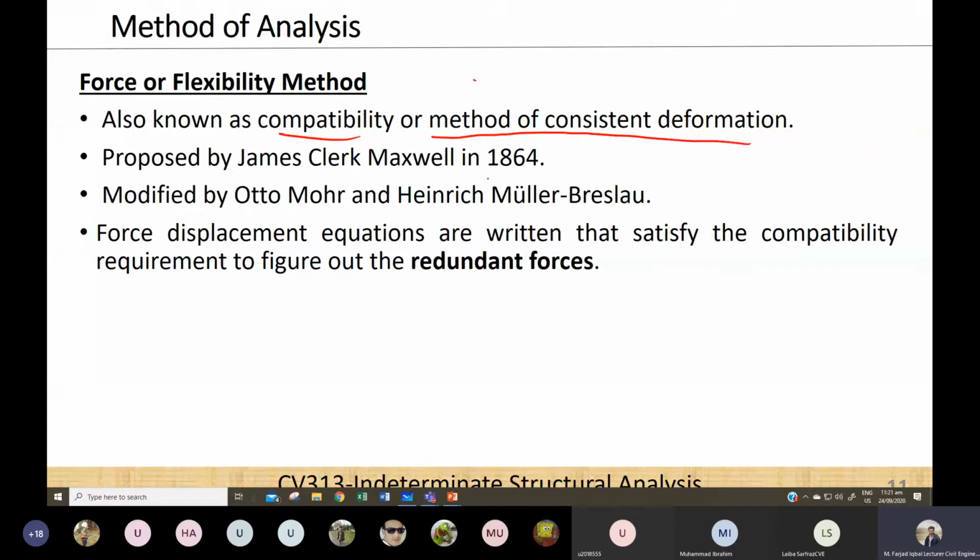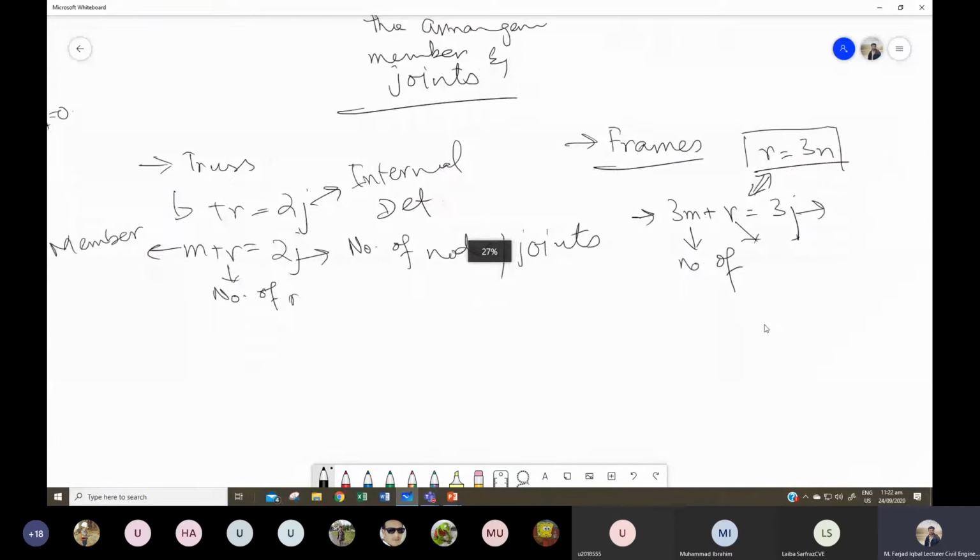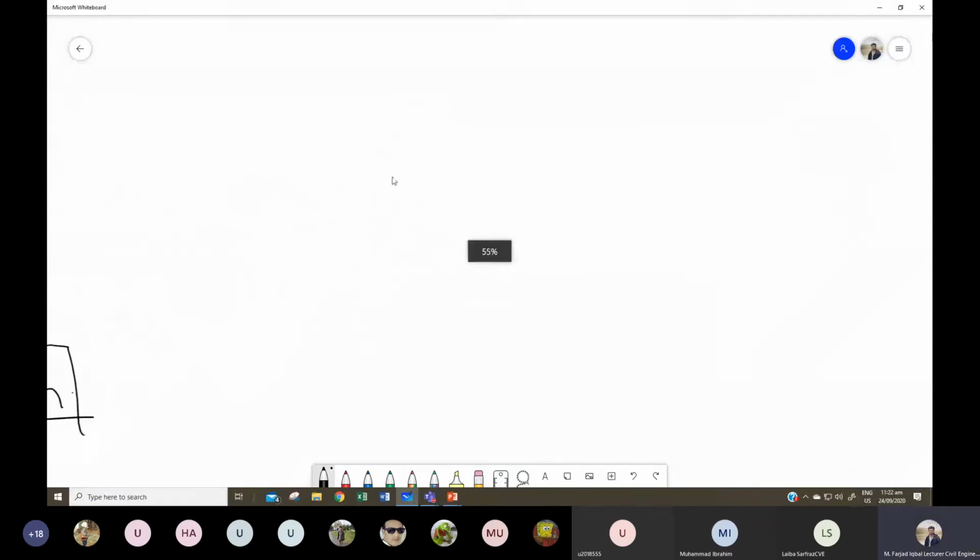It was initially proposed by Maxwell in 1864, and then it was modified by Mohr. Maxwell was the same person who developed the influence line diagram, and Otto Mohr was the same who developed the Mohr circle that we studied in the mechanics of structures course. So they have provided this force method for the analysis of indeterminate structures. So let's start our discussion on this one.